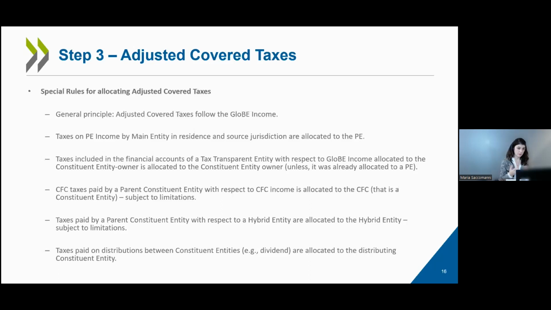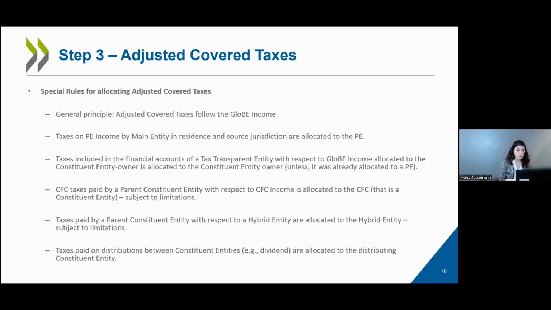So if, for example, a jurisdiction imposed a CFC tax on the overall income of the CFC, both passive and active income, it is expected that under this algorithm provided by the rule, the taxes attributable to the active income be not pushed down, but still remain at the level of the main entity and its jurisdiction.